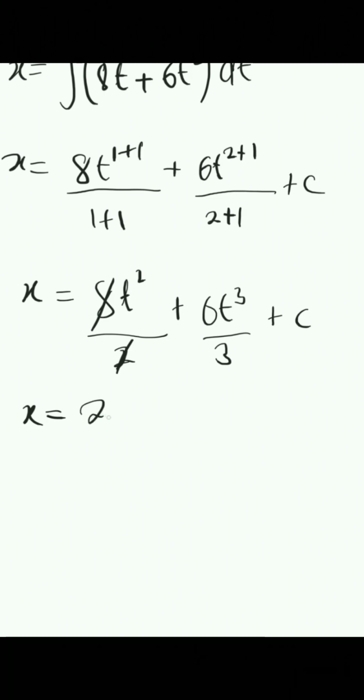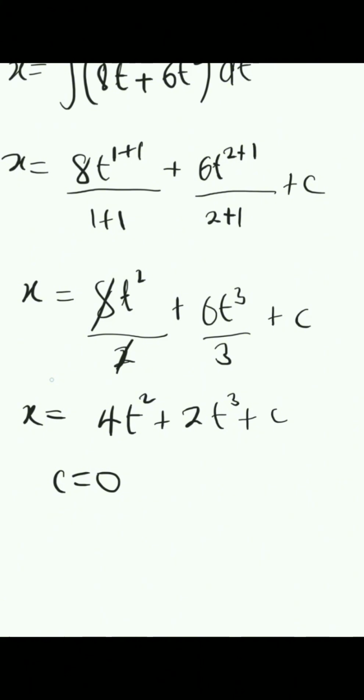Now our x will equal, 2 into 8 goes 4 times. Okay, sorry, this is an error, so let me erase this one. So we're going to get 4t squared plus, 3 into 6 goes 2 times, then t cubed, then you add a c.